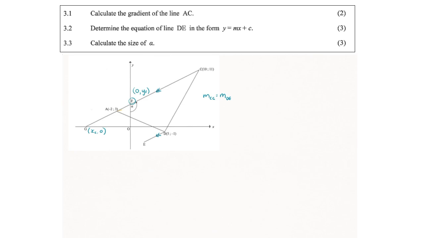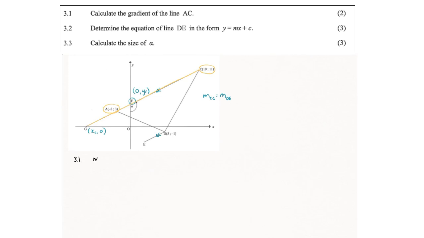Now in the first question they ask us to calculate the gradient of line AC. And remember, the gradient formula says that the gradient of a line is equal to the difference in the y-coordinates of 2 points on the line divided by the difference in the x-coordinates of 2 points on the line.